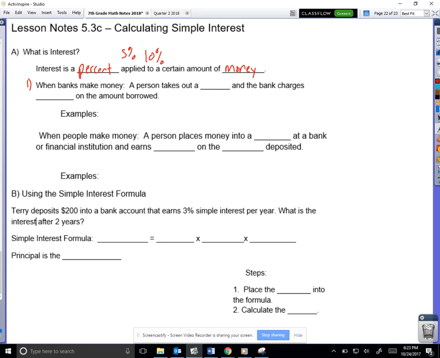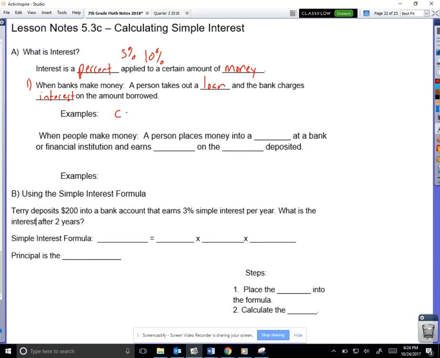When a bank makes money, here's the situation. A person wants to buy something like a car or a house, and they need some money to go and buy it. So a person takes out a loan, and the bank charges interest on the amount that was borrowed. A percentage of that money is taken from the amount borrowed that the person has to pay back.